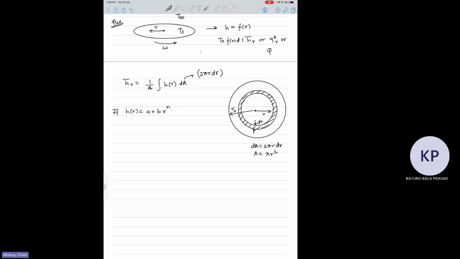The plate is at Ts and your ambient is at T infinity. You need to find the rate of heat transfer, so Q convection.